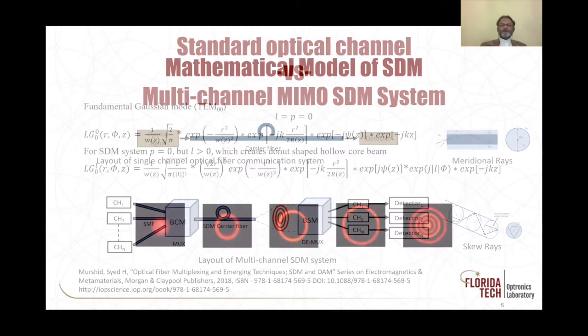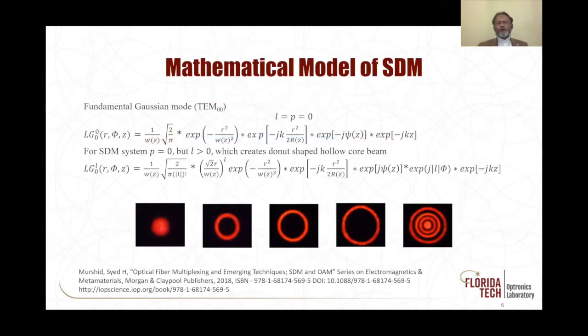Plain and simple. So if you wanted to look at the mathematical model, you could start with a TEM00 mode or go to an LG00 mode where L equals P equals 0. If L equals 0, there's no OAM. But if you take an LG mode of the order 0L, then there will be only one ring.